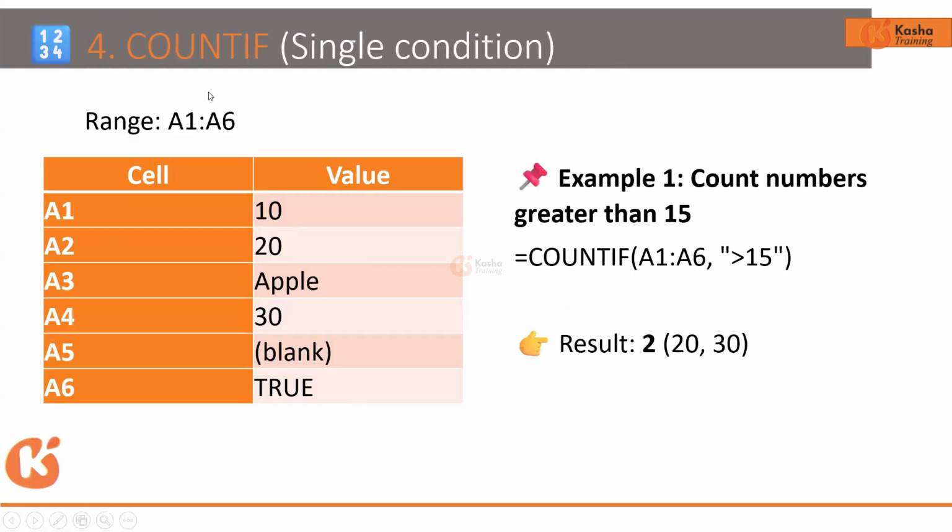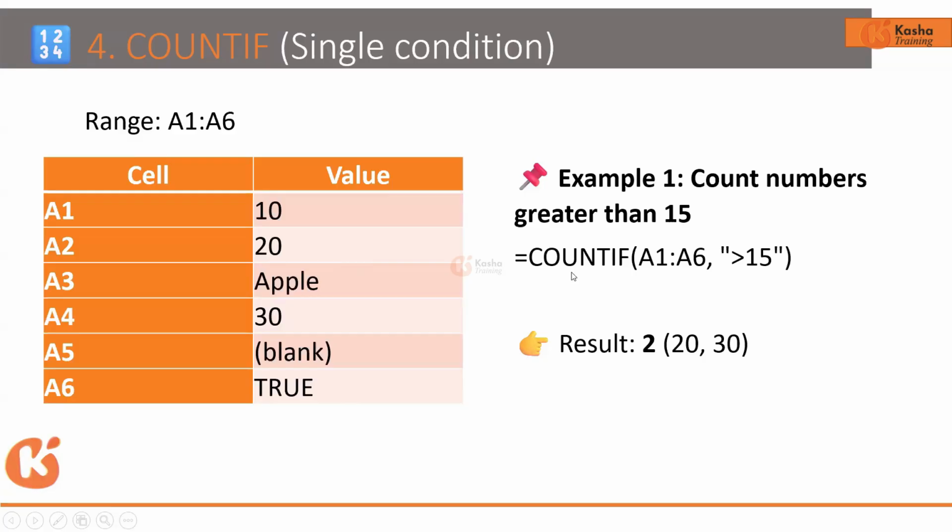Then you have COUNTIF. COUNTIF is used when you have a single condition. We'll see multiple examples of where we can use COUNTIF. With the same data, you have your cells and then your values. Example one: count numbers greater than 15. We give a formula to count only the numbers greater than 15.